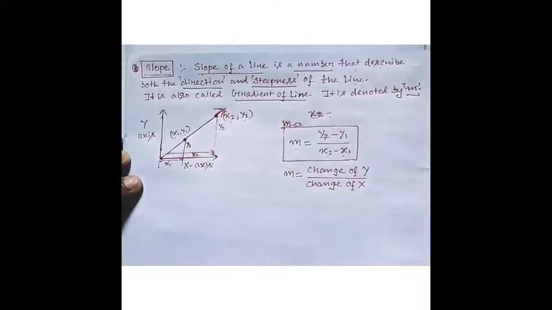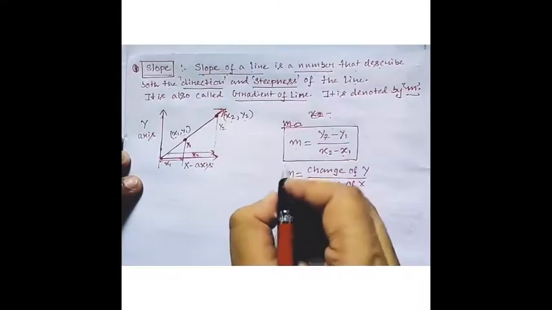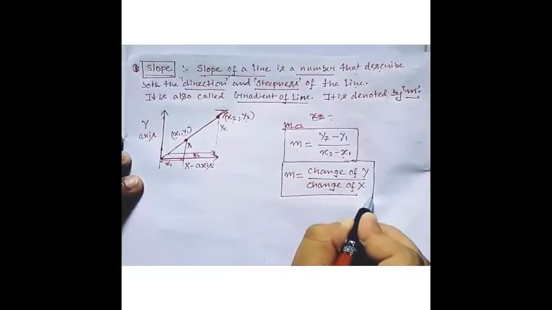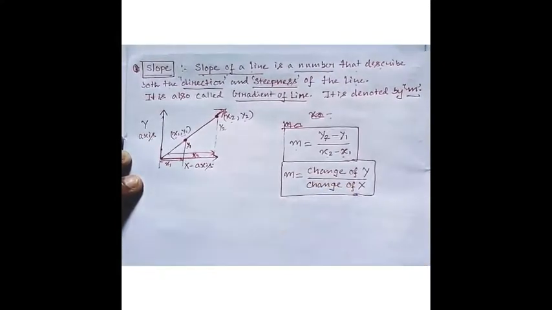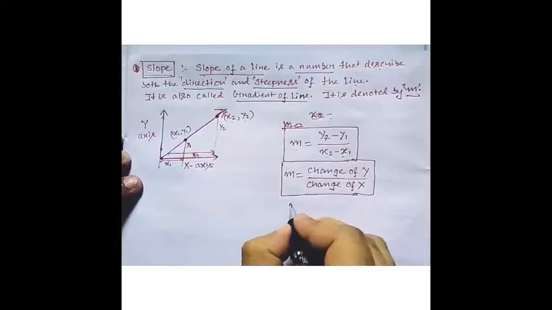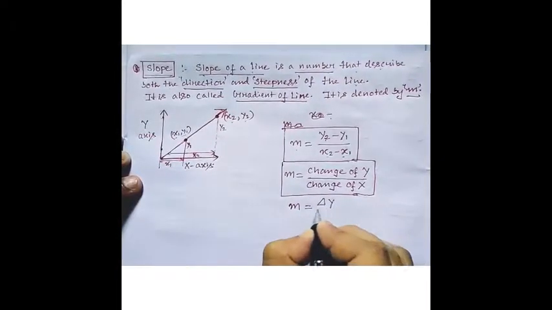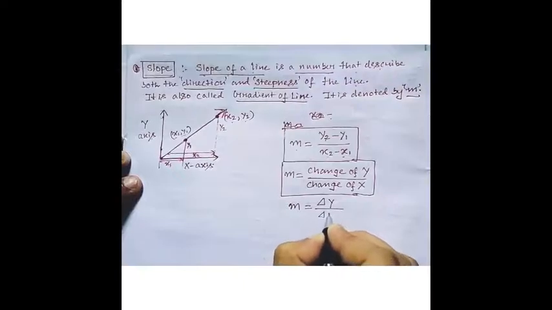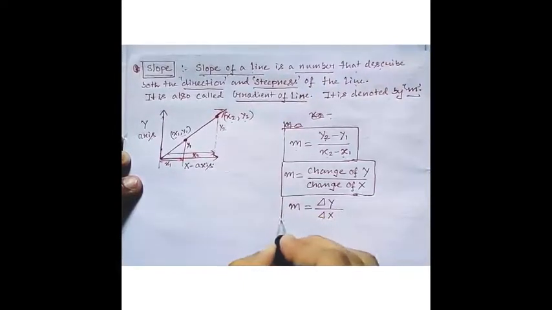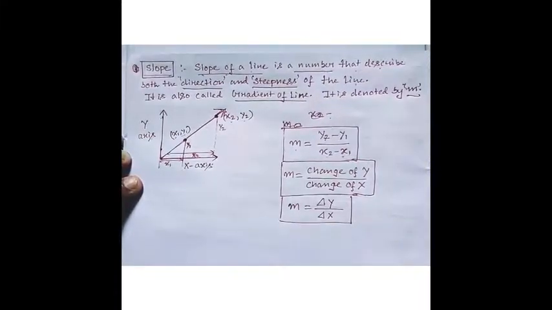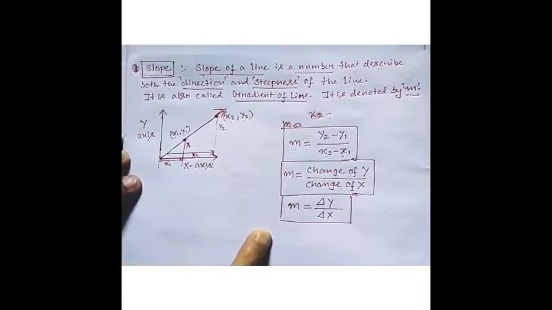So you can see y2 minus y1 actually indicates the change of y-axis, and x2 minus x1 indicates change of x-axis. We can also write from this equation, that is del y by del x. Del y is the mathematical term which indicates change of y, and del x is the mathematical term which indicates change of x.